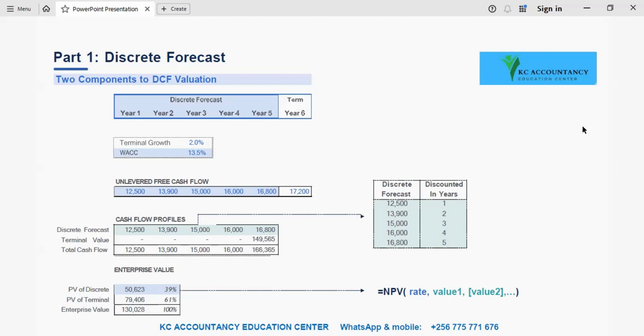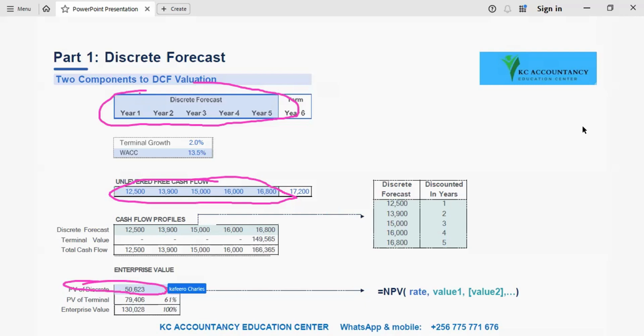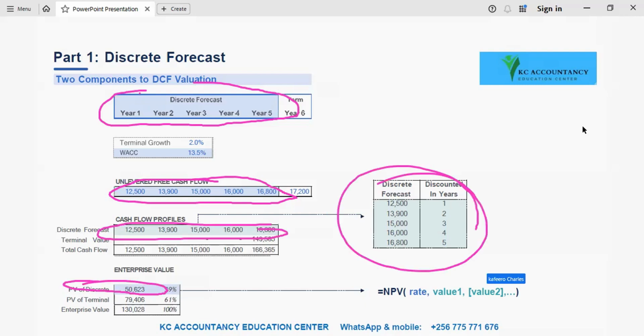Whatever you see that is shaded in blue is something that we are going to focus on as our discrete forecast, and that's our part one.